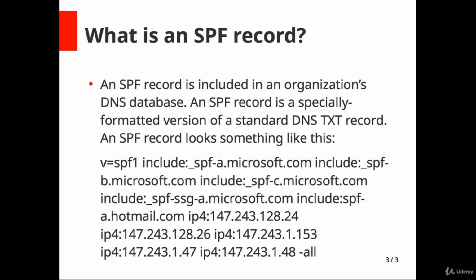So what is an SPF record? Let's talk about that. Basically, an SPF record is included in the organizational DNS database, like this: v=spf1 include spf-a.microsoft.com. This is the SPF record of microsoft.com.